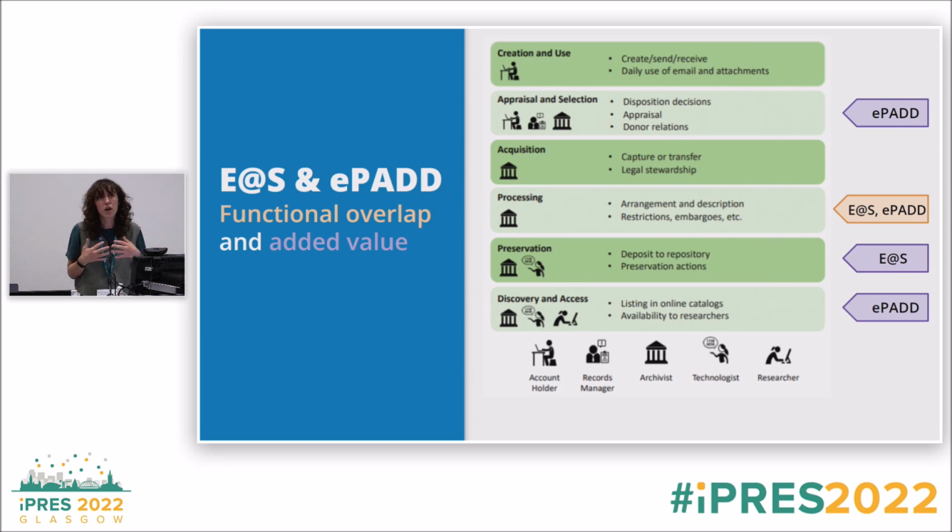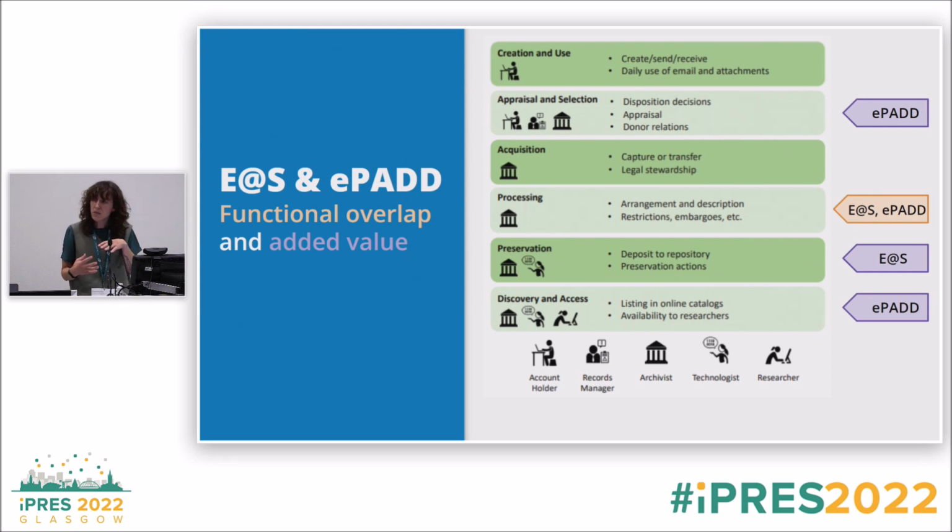At the time, Harvard was just thinking, let's open source our email archiving system, EASE, and make it more interoperable with these other tools, because we really like a lot of the things that it does. It tracks preservation metadata, it tracks the normalization event while we're pulling email in, and then it packages it up nicely for deposit into our repository, whereas ePADD was doing a lot of really great things in appraisal, processing, discovery, and access.